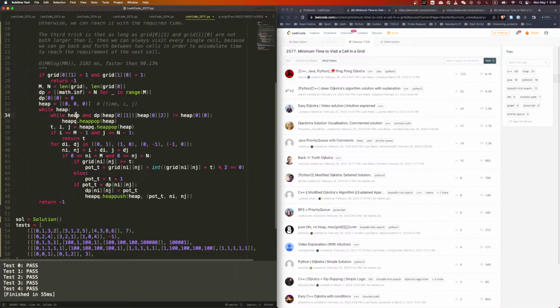I was trying to figure out a way that whatever their way of doing Dijkstra would be wrong. But I can't think of any. It seems like it is correct. No, it will be wrong if you add them together.